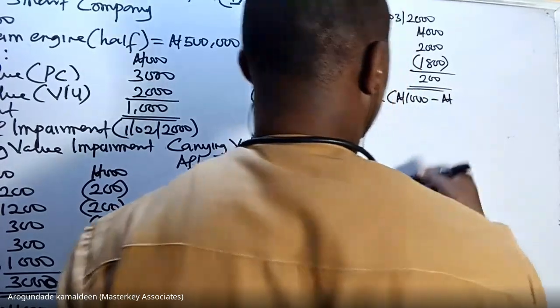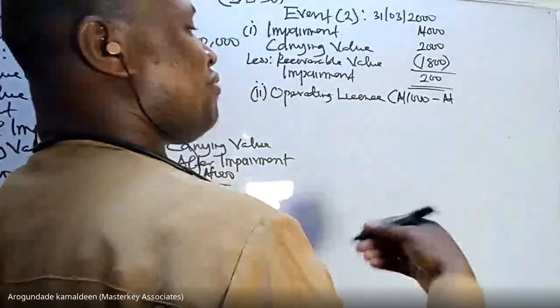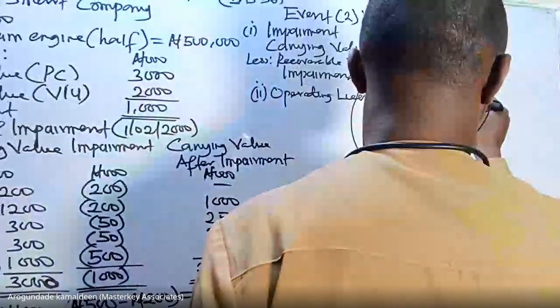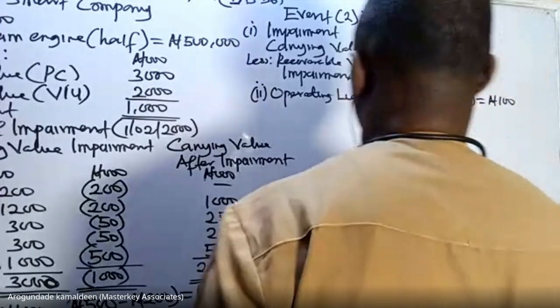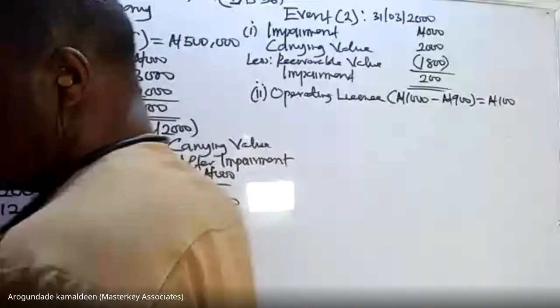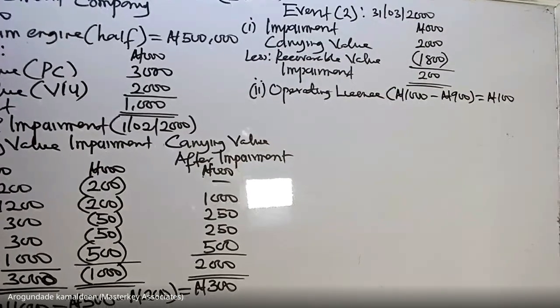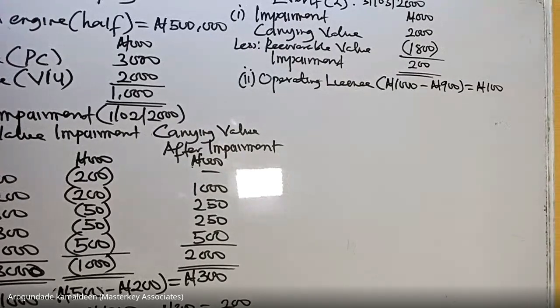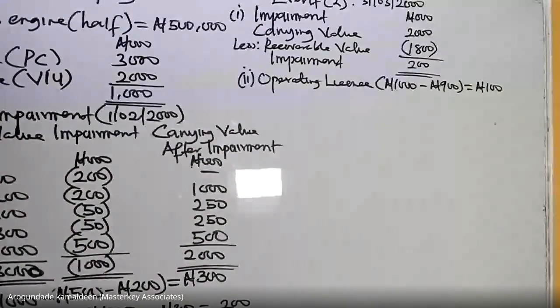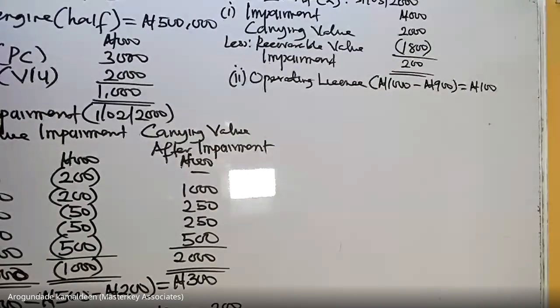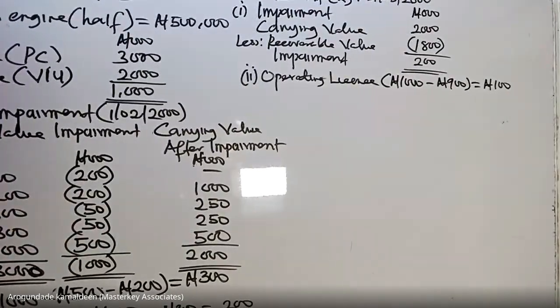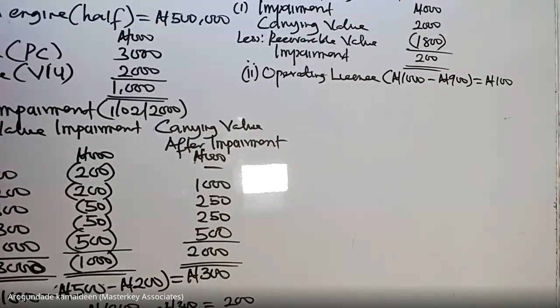And somebody is now saying the market value is 900. So it means 100 is lost there. That is also an obviously damaged asset because the value has reduced. You are saying that is 1 million, but in the market, it's only worth 900,000. Yes.